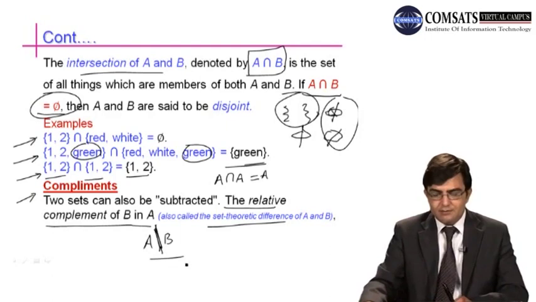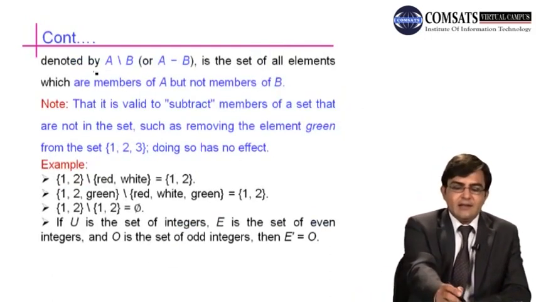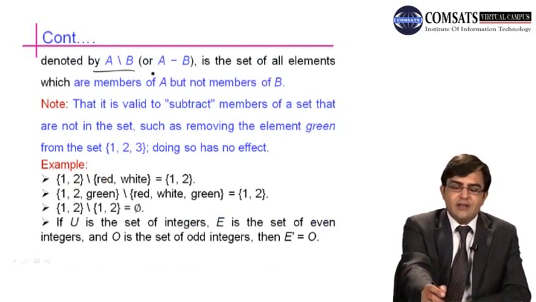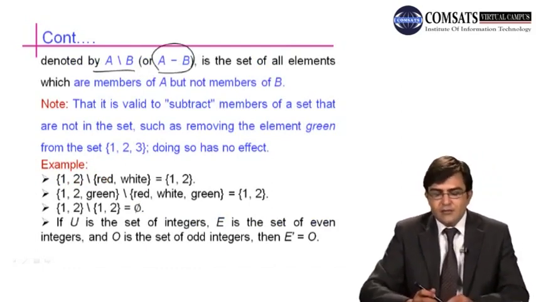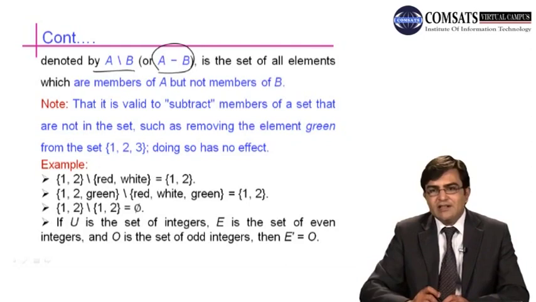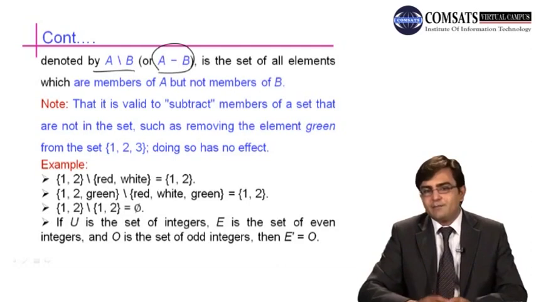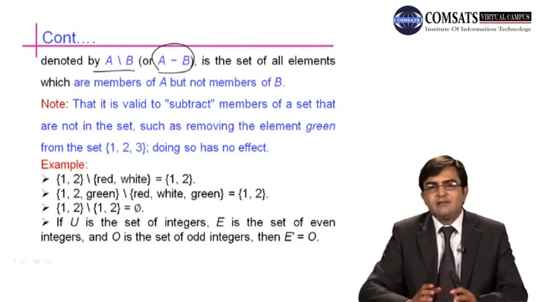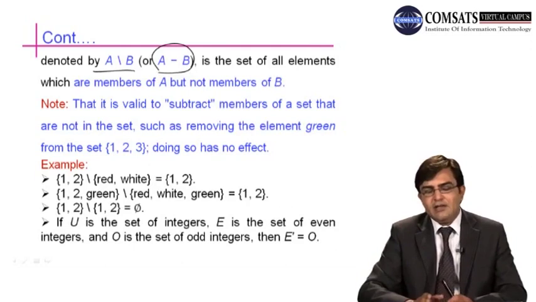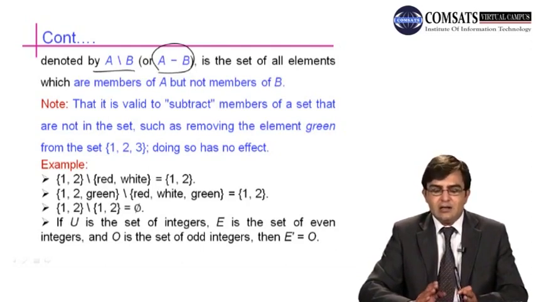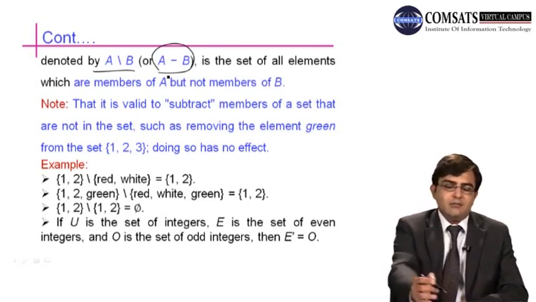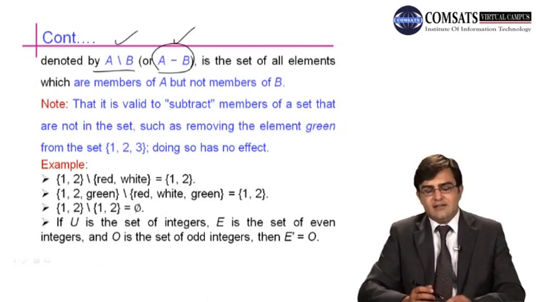This means A minus B, denoted by A minus B, or we can say A minus B is the set of all those elements which are members of A but not members of B. It means the common members which are in A and in B we subtract. We eliminate those members from A which are in A and also in B, and the rest of the elements will come in this set A minus B.